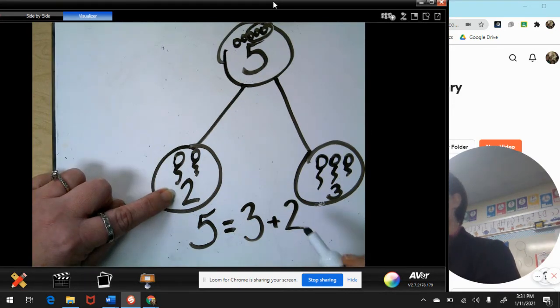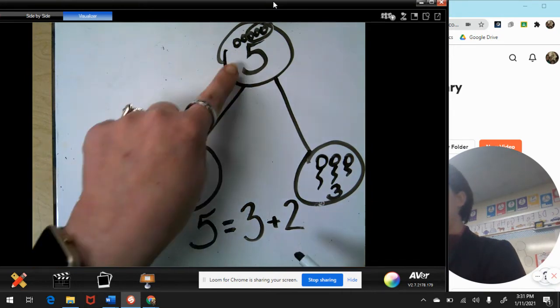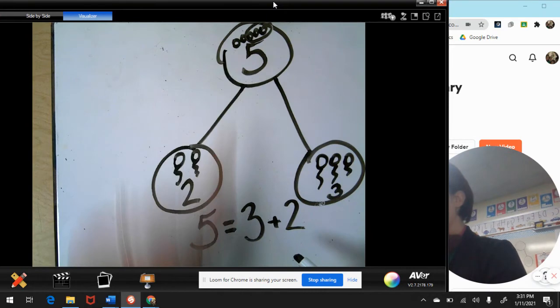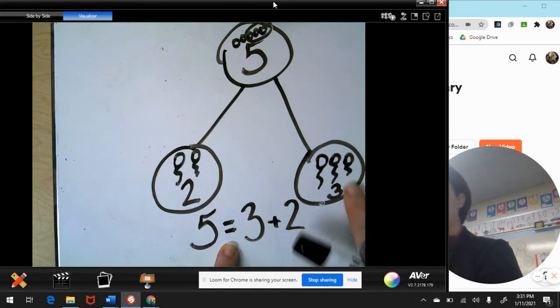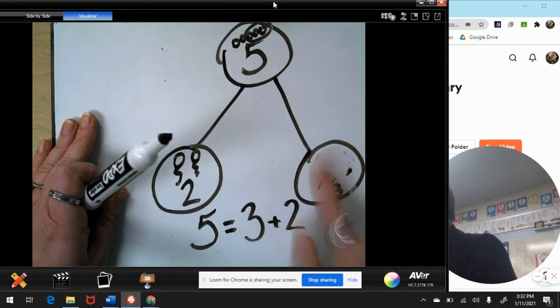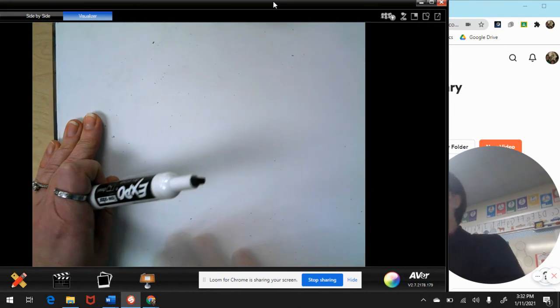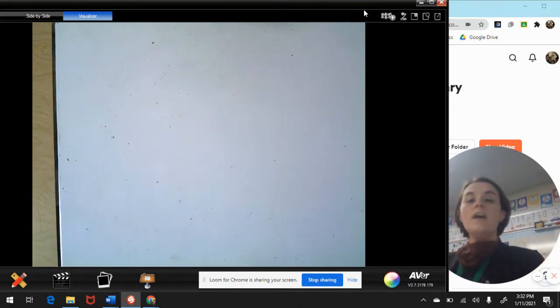So my number sentence would say 5, which is the total, equals 3, which is one of my parts, and 2, which is my other part. Good job, friends.